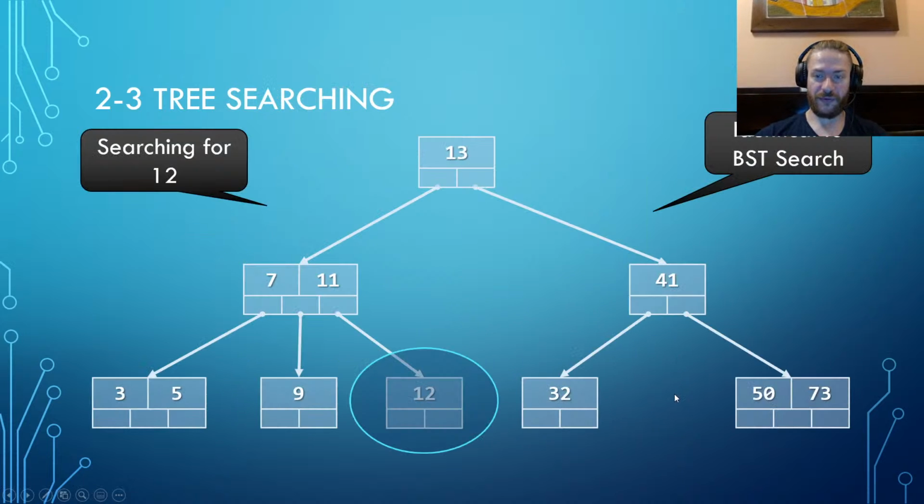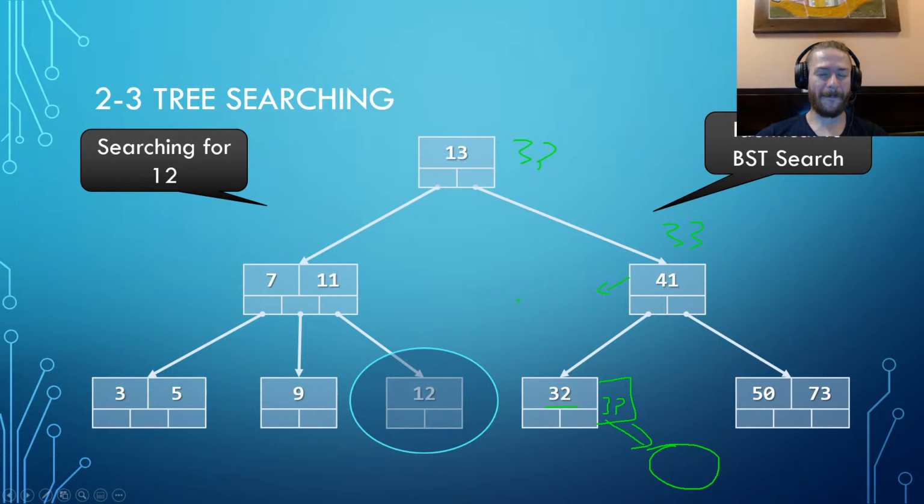For example, let's add 33. It should go left, and we add 33 here. We don't add it to the right. That's the important difference here, because we can add it here.